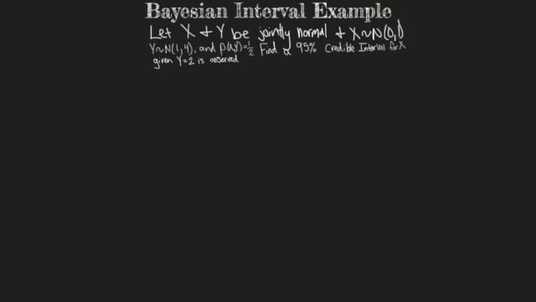Because x and y are jointly normal random variables, we know from Statistics 1 that it brings in some parameters, such as mu x.